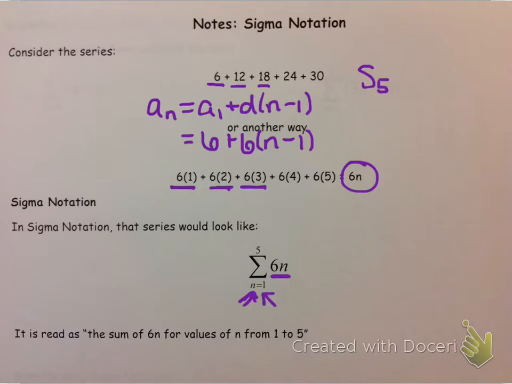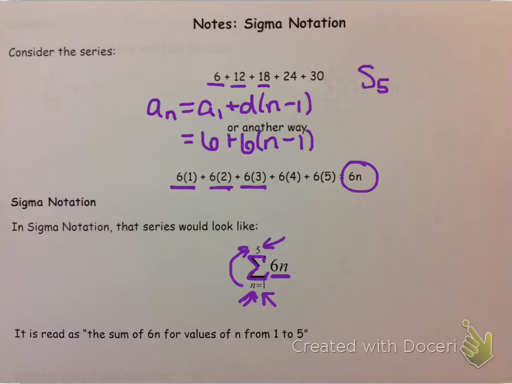This is what we call the lower index. It tells you the first number to plug into that formula, and this is the upper limit or index that tells you that 5 is going to be the last number that you plug in. So this is telling you to plug in everything from 1 to 5 to generate your list. And then this sigma symbol right here tells you to add that list up.